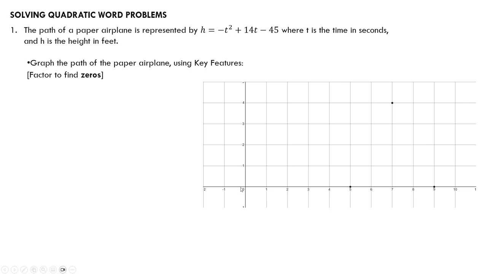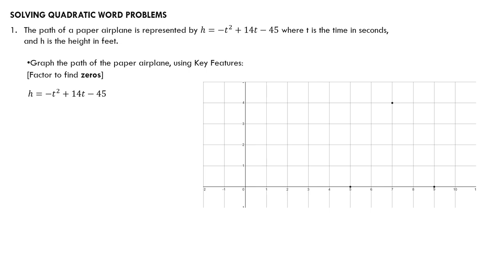So now we're being asked to factor this equation. So let's write it out again. The problem with it in its present form is that we've got this negative number in front of the t squared. Our a value is negative.